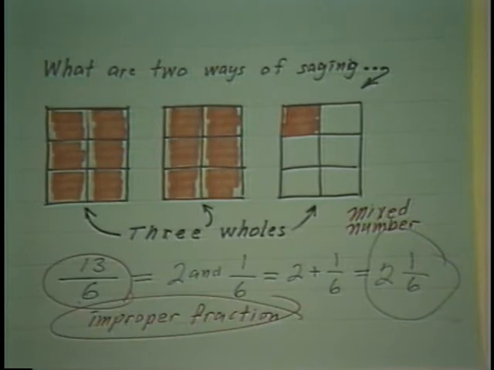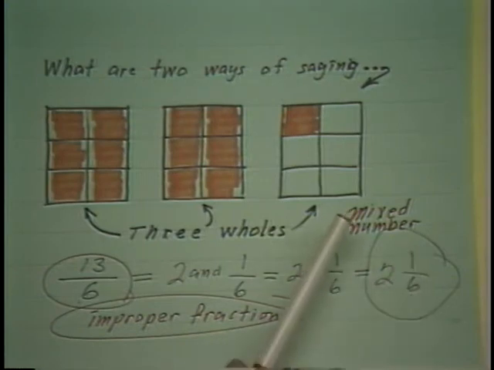That's sort of too bad, because in many instances this is a better way of saying it than this. This, after all, is a single pure number. See, we even say it that way, 13/6. This is not a single number. It's 2 and 1/6, hence the name mixed number.